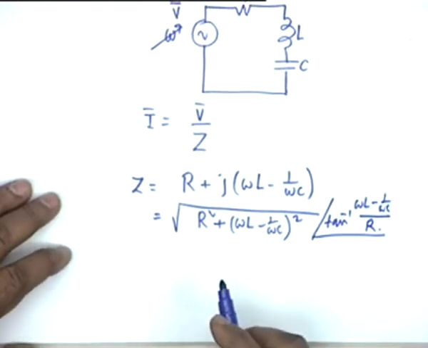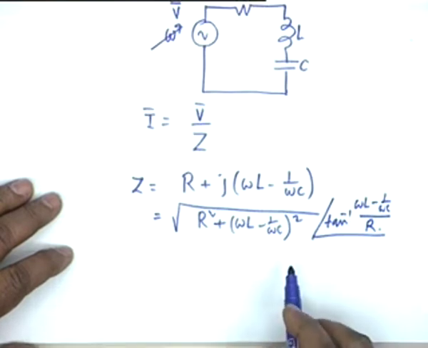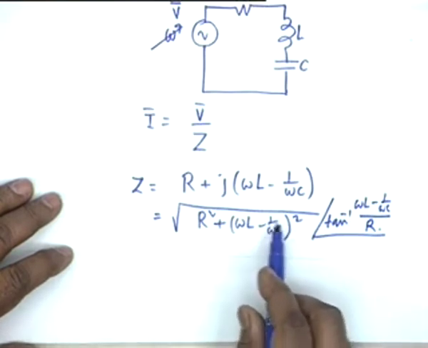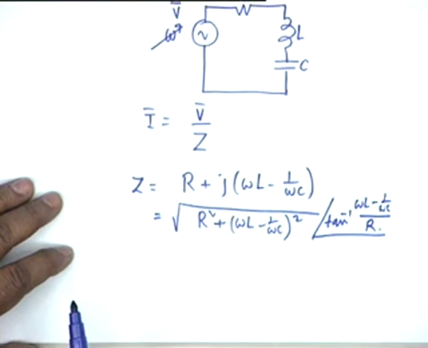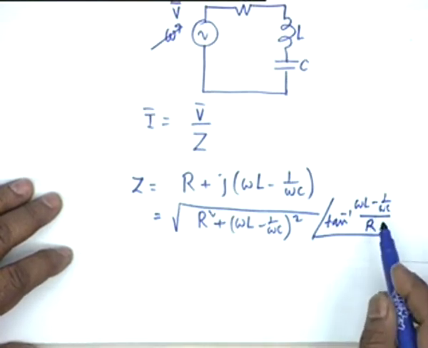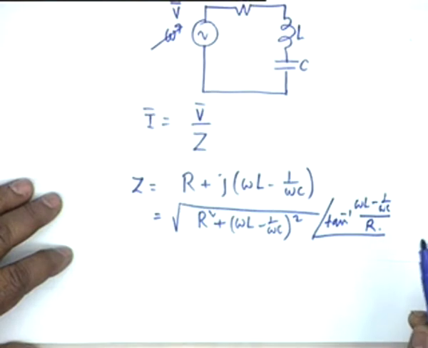And you see that if frequency is increased from 0 towards infinity, then the impedance starts with infinite value. At omega equal to 0 the impedance is infinite, and the angle at omega equal to 0 is simply tan inverse minus infinity, which is minus pi by 2.